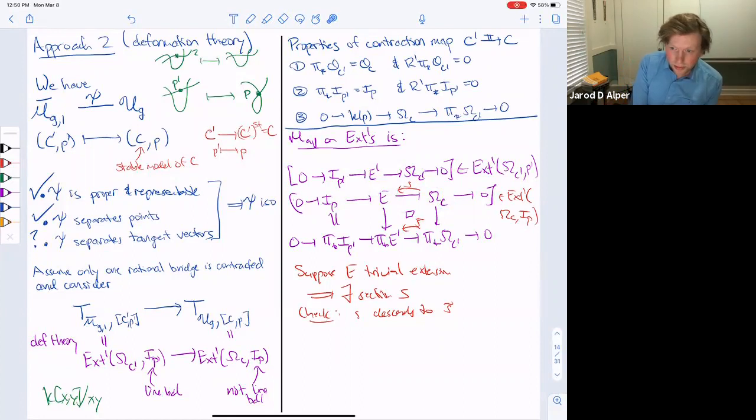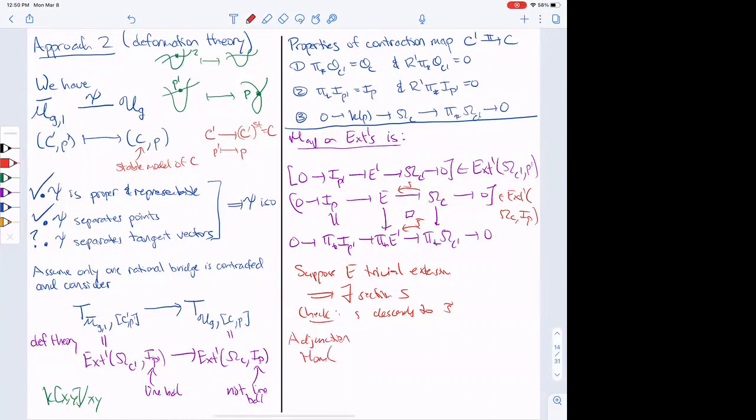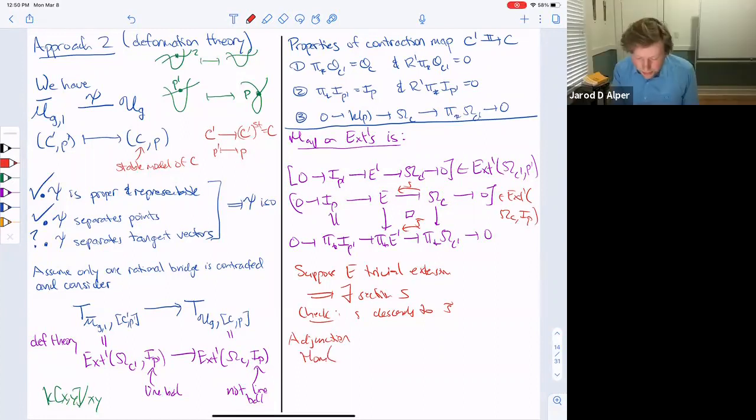And so I think here you can use adjunction that we want to construct. So we have S tilde, which is a map from pi push forward of OC prime to pi push forward of E prime. Adjunction tells you that this is the same as homomorphisms from the pullback of the push forward of OC prime to E prime.